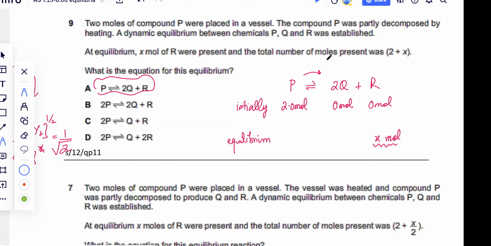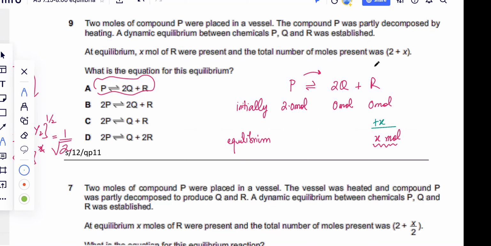So what does that indicate? That indicates that you had 0 moles, and now you have X moles. So how many moles got produced? An extra X moles got produced during the reaction. You started off with 0, but now you have X moles.